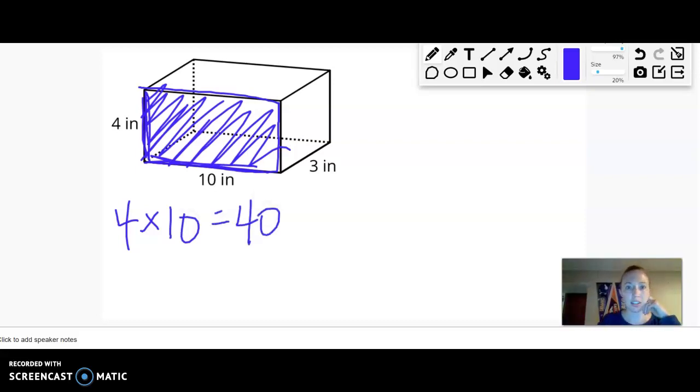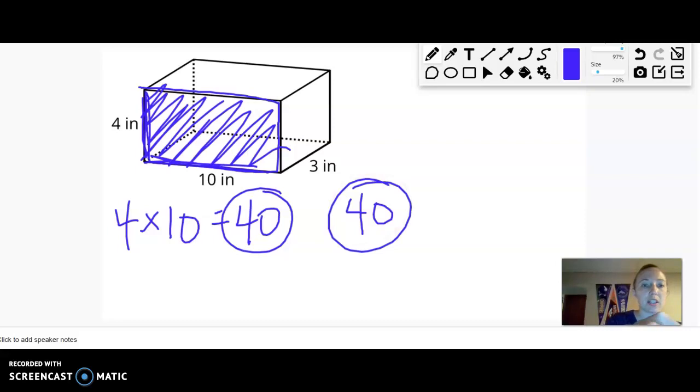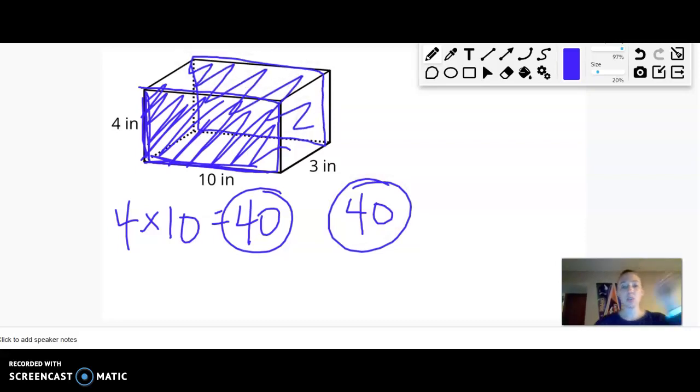Again, if you need a calculator, use one. Now, I do want to point out, on a rectangular prism, the front is the same as the back. So I can take 40, and I know that I need another 40 for the back. Okay, so that's 2 of the faces out of my 6.